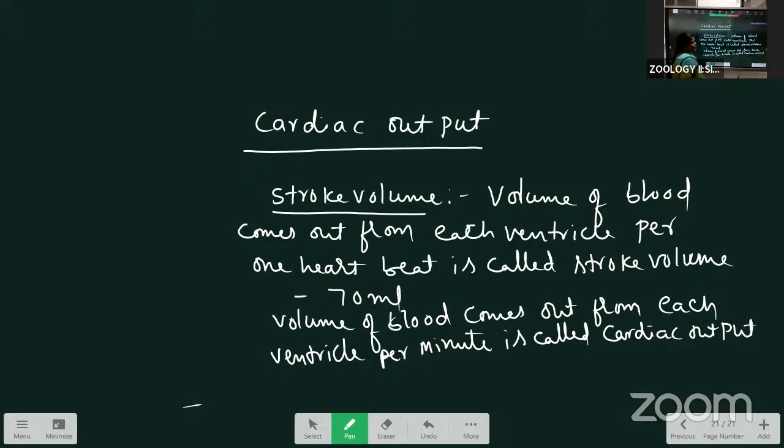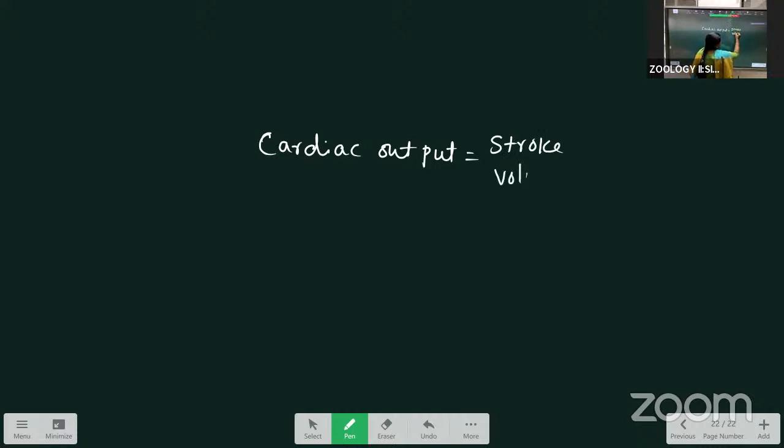The formula is there. Cardiac output is equal to stroke volume into number of heartbeats per minute.